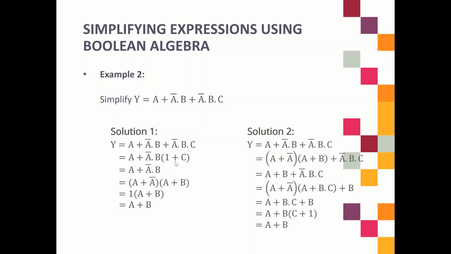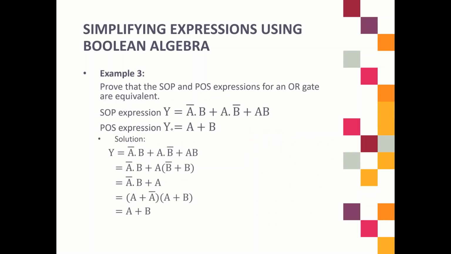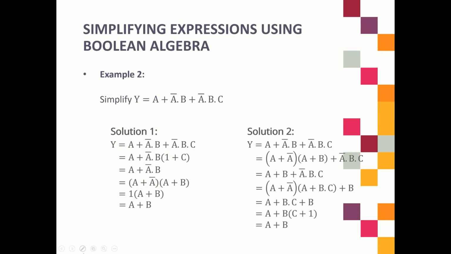In our first solution, we apply theorem 11, which is factorizing, between A bar and B, plus A bar and B and C. So we factorize between those two terms. Okay, so when you apply theorem 11, you will get A bar and B as your simplified term. So this is the factorizing, right?